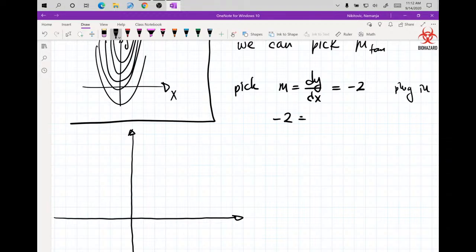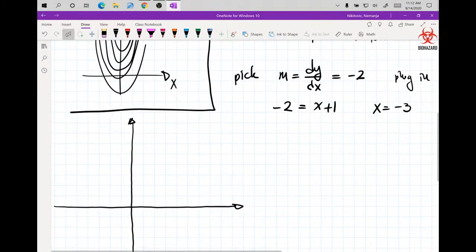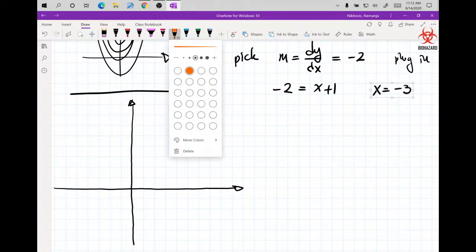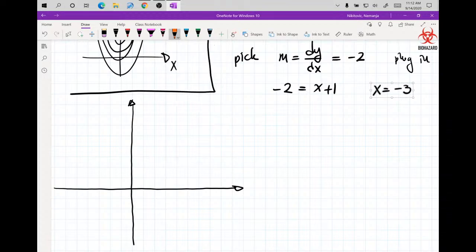I'll get -2 is equal to x plus 1, from where I get the equation x equals -3. All right, so I got x equals -3. And I'm going to actually put this to be orange. Come on, pick orange.